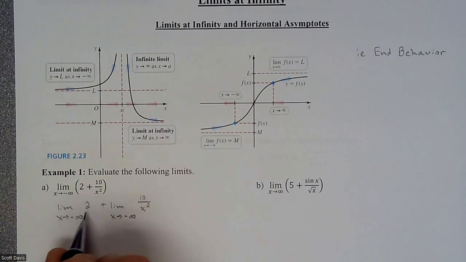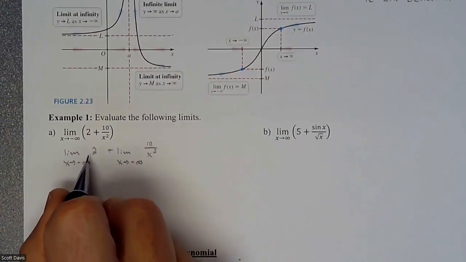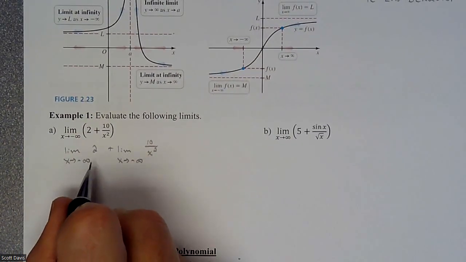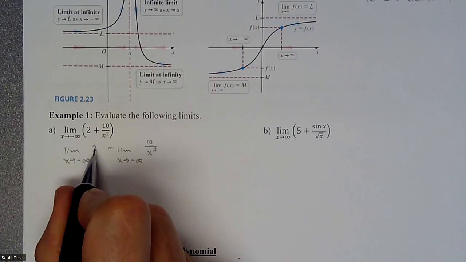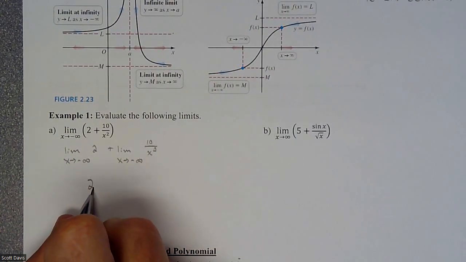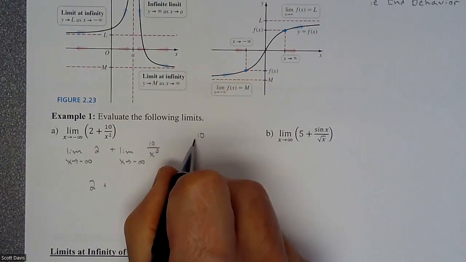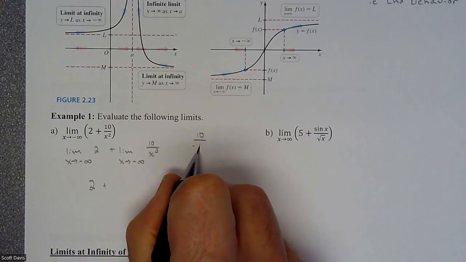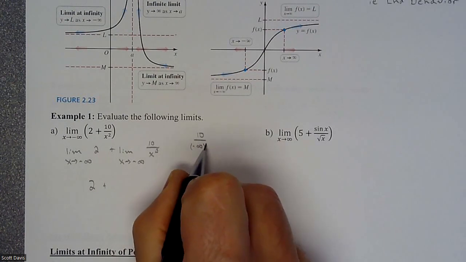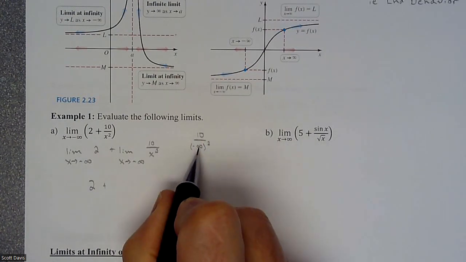All right, so this one, the limit as x goes to negative infinity of 2: 2 is just a constant, so it's just going to stay at 2. And then over here, if we were to actually plug that in, we would be taking a negative large number and squaring it, but we're taking 10 divided by that.